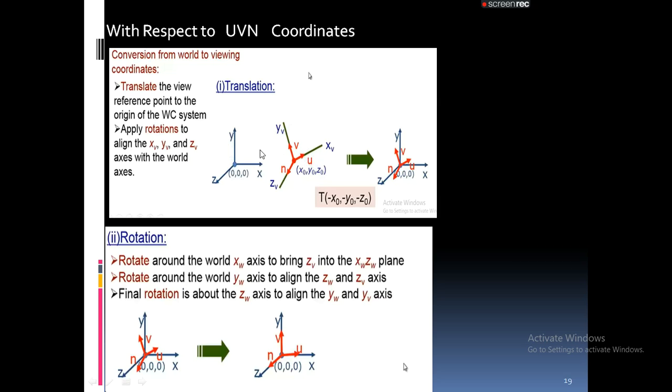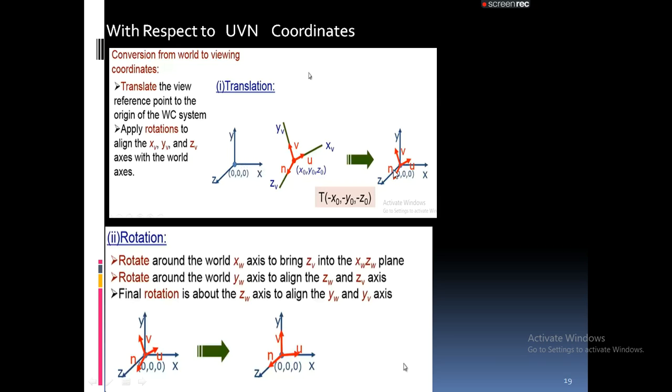Next, assume that we have three unit vectors u, v, n. u represents xv, v represents yv, and n represents zv, as we already learned in the previous slide. Now I want to perform translation. When you perform translation, the origin of the camera will coincide with the origin of the world coordinate system.